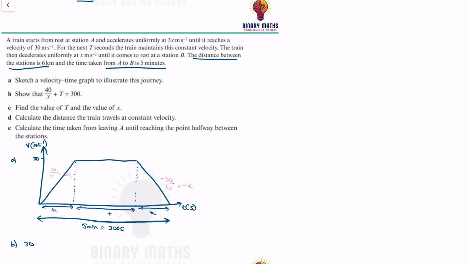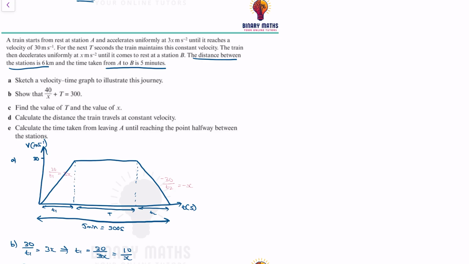We know 30 over t1 is equal to 3x, which implies t1 is equal to 30 over 3x, which is equal to 10 over x. In a similar way, we have negative 30 over t2 is equal to negative x, which implies t2 is equal to negative 30 over negative x, which is equal to 30 over x.